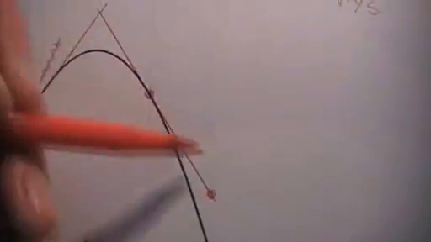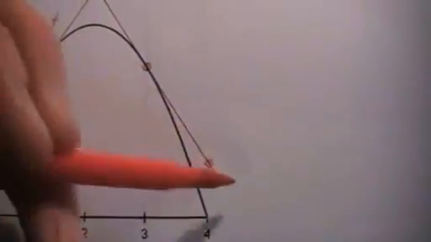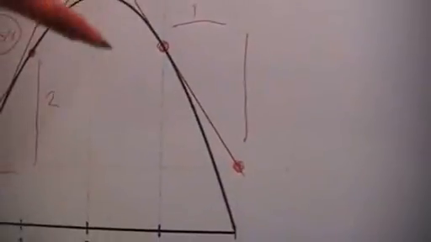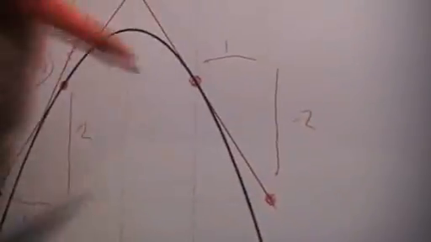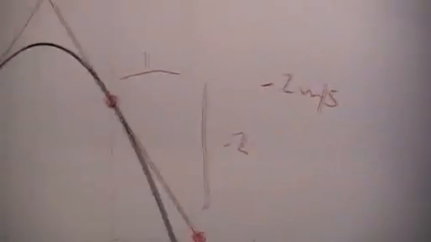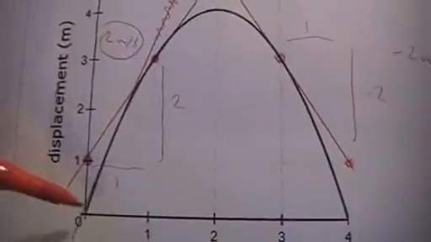If we wanted the gradient at t equals 3, again, we draw our tangent at t equals 3, and we just choose two sensible points. Change in x is 1, change in y is going down, so it's minus 2. So the velocity at this point is minus 2 metres per second, which is correct because of what our displacement shows.